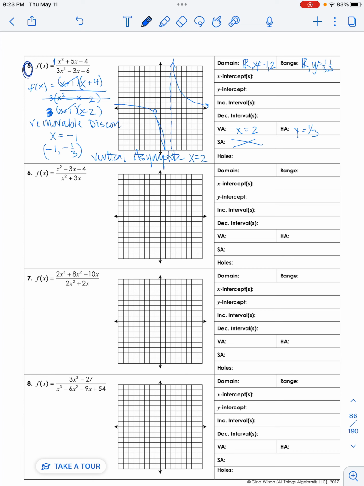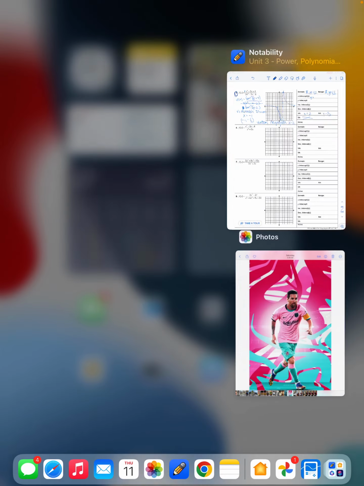All right. When we go to the x-intercepts, we need to use the calculator again, this is where y equals 0, and we can do second calc. Let's see if I can get that app up.